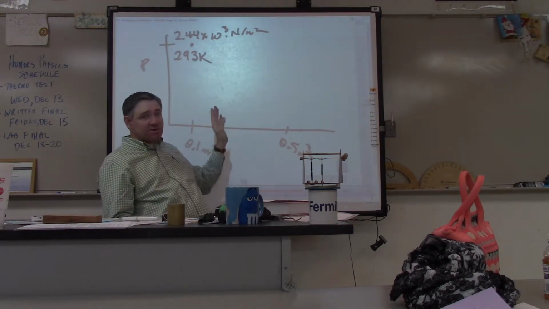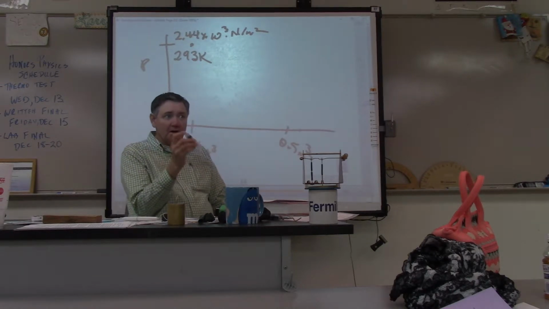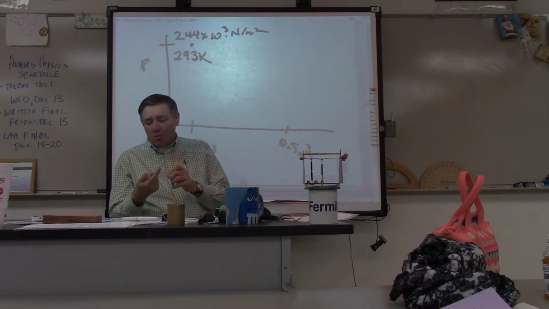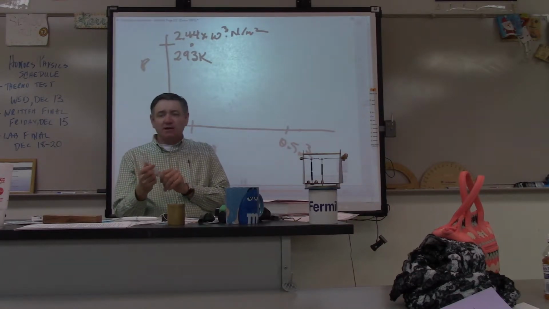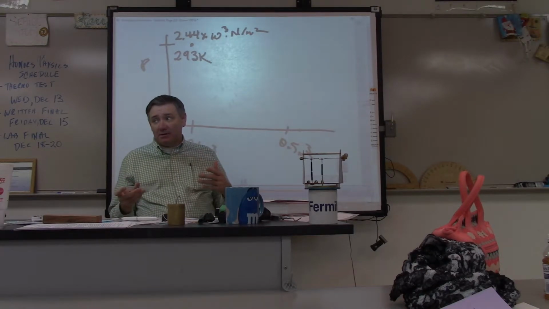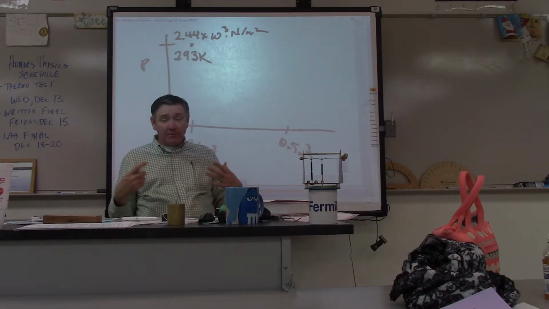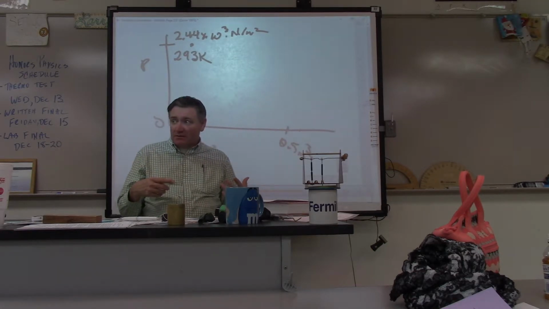Now, here's what's important. This is going to be a sealed system. So I've got to hold my thumb over the end of it. Because why can't I just pull this up and then make it go that way? Because if I don't put my finger over the end, what's going to happen? Well, what am I going to allow in? I'm going to allow in more moles of gas. Okay?